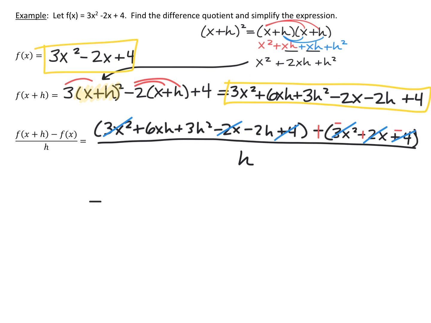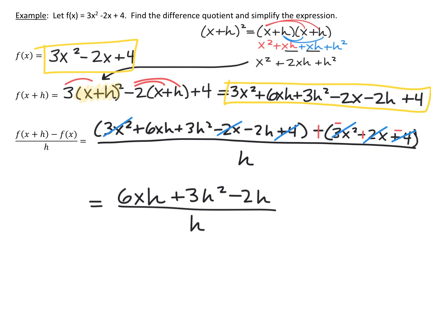And you are just left with this, which maybe doesn't feel that much better, but it actually is. 3xh plus 3h squared minus 2h, all over h. All three of those terms have an h. So what will happen?